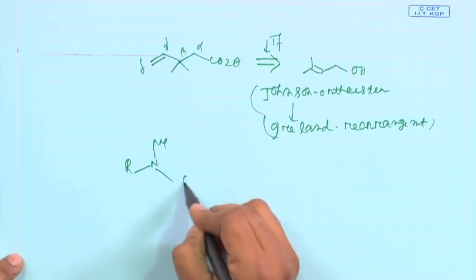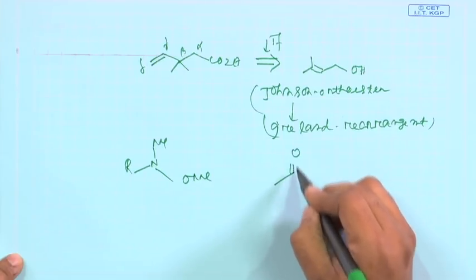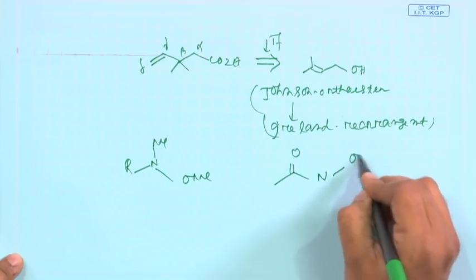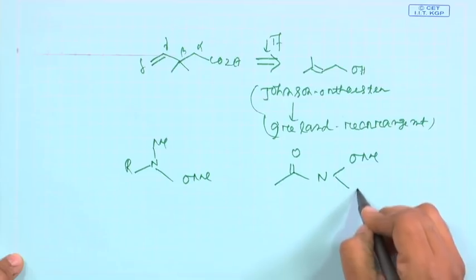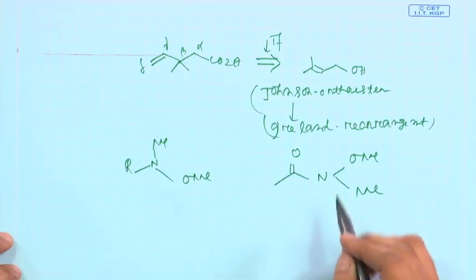This OMe group basically helps in chelation. So, the chelate is rock stable, does not matter how much equivalent of nucleophile you add, the chelate will remain stable. Then you just quench it with the acid, you get the one equivalent addition of nucleophile.